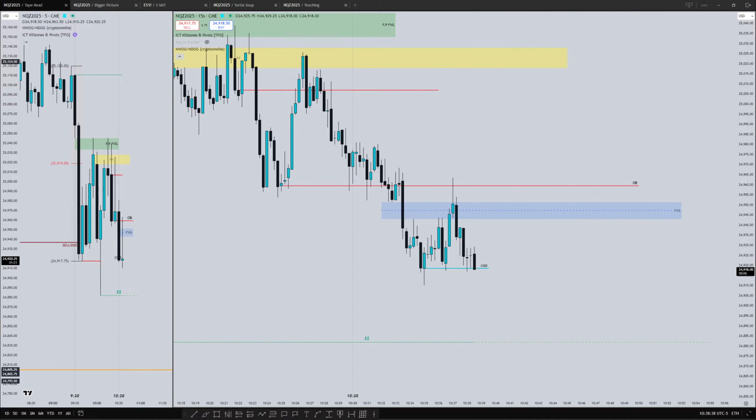And then targets would obviously be the short-term swing low down here at 24,881.